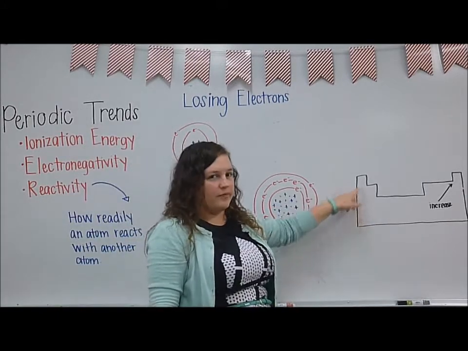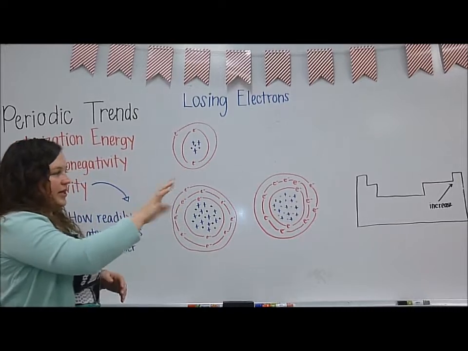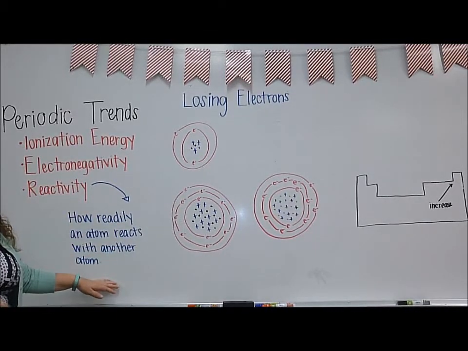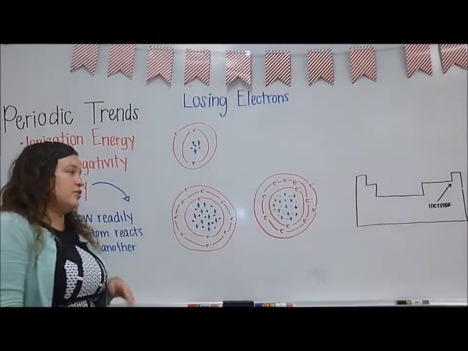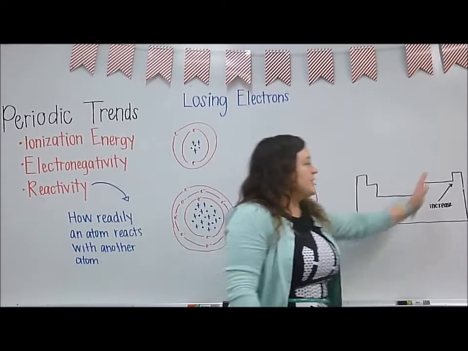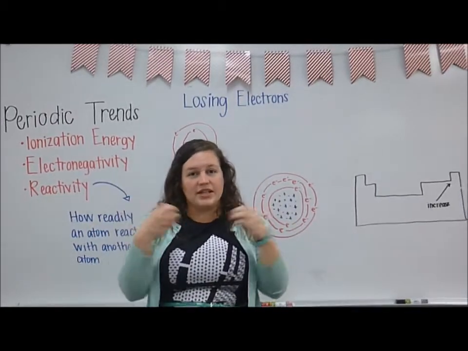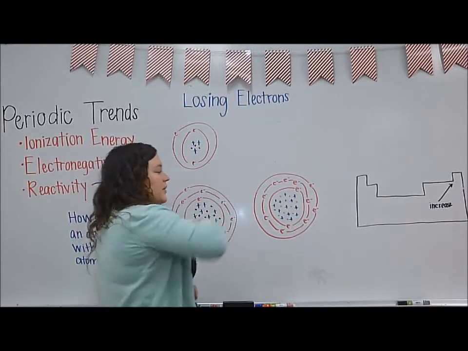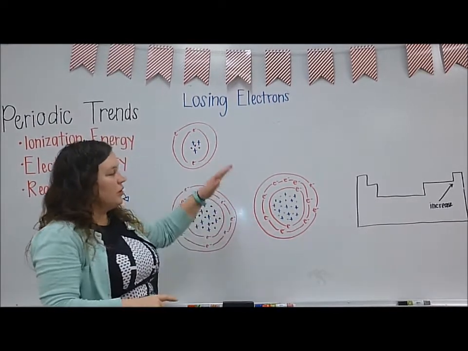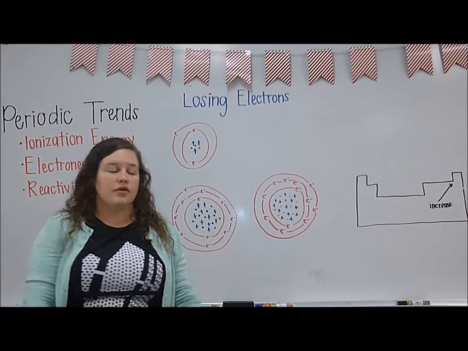Remember, reactivity is just atoms reacting or bonding, giving up or gaining electrons. On the right-hand side, it increases as you get to those elements that more want to gain electrons, or have a higher electronegativity. On the opposite side of the periodic table, these guys would all prefer to give up their outer electrons so that they can fulfill their octet.